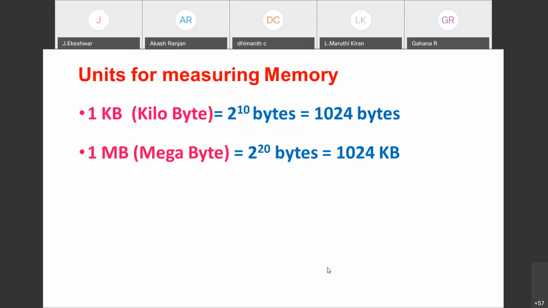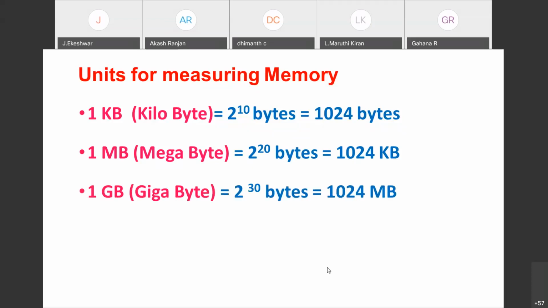You can also say it is 1024 kilobytes. If you write a capital B, it is byte. If you write lowercase, it will be bits. So just note the difference between bit and byte. Here it is 1024 bytes.